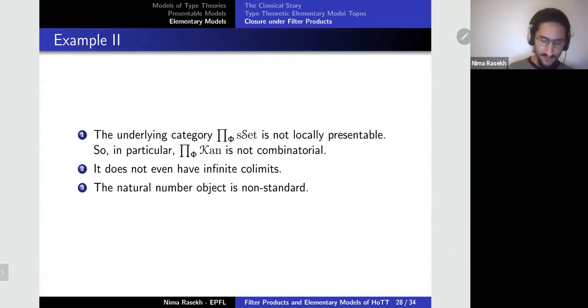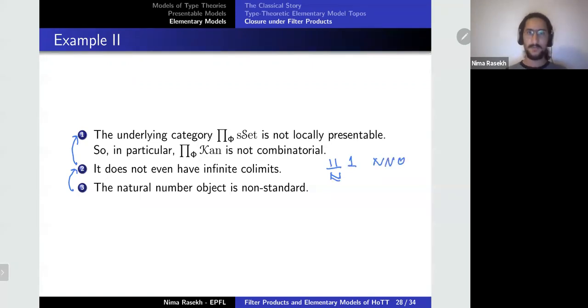So first of all, just observe that 2 implies 1, because if you don't have infinite colimits, being presentable, part of it is having infinite colimits. So if you don't have infinite colimits, you're not presentable. And 3 implies 2, because if you do have infinite colimits, then taking the infinite coproduct indexed by the natural numbers of the final object will be a natural number object and will be very standard.